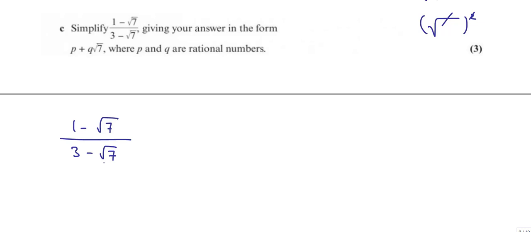It's not correct to leave the answer with a denominator including a radical. I'm not allowed to have a square root at the bottom. I have to simplify it. How to simplify something like this? We have to rationalize the denominator. What does it mean to rationalize the denominator?